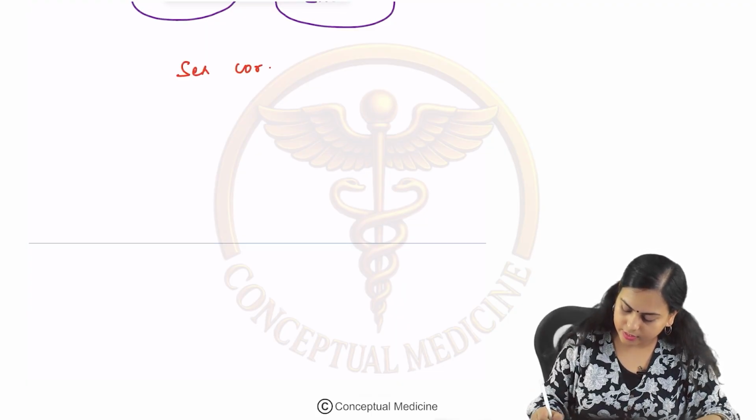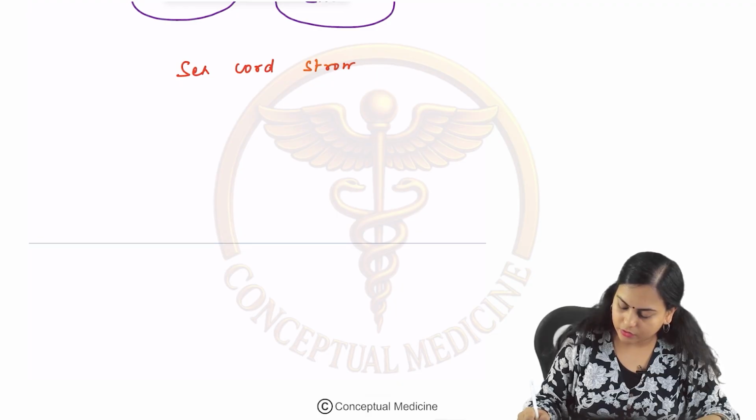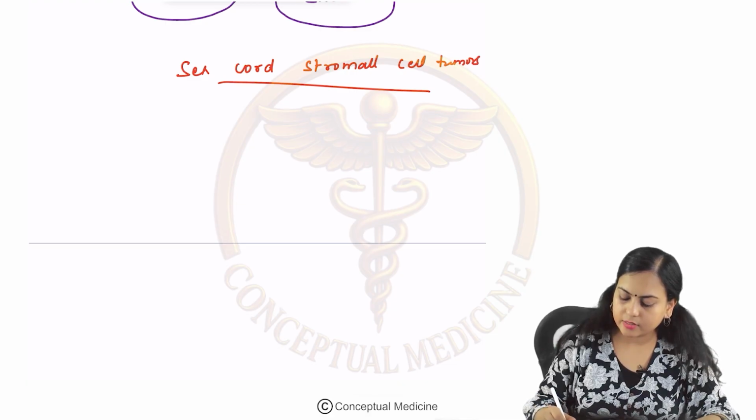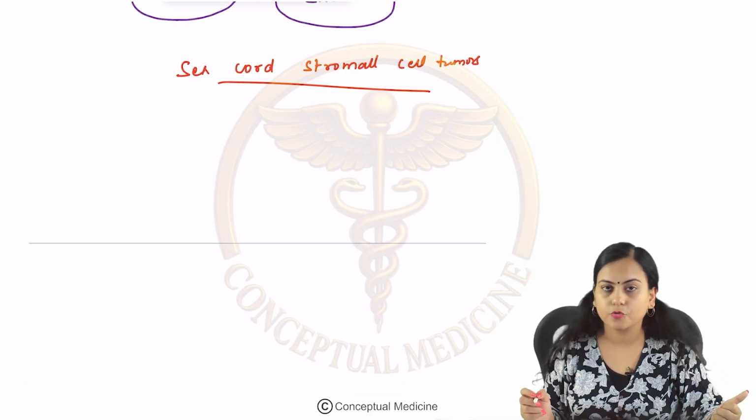Clear? Right. Next, we are going to discuss the sex-cord stromal cell tumors, right? So, we are going to discuss some of the common variants of this group first.